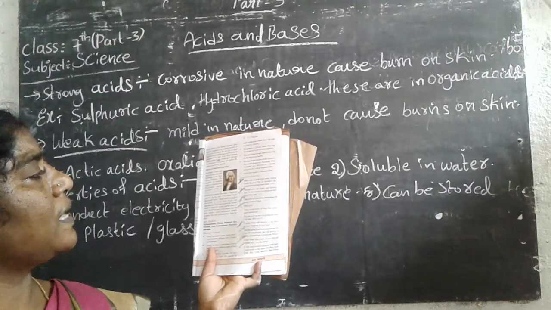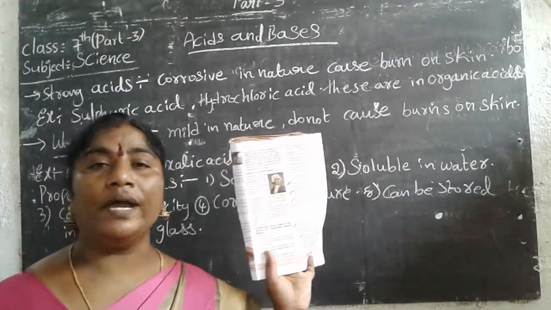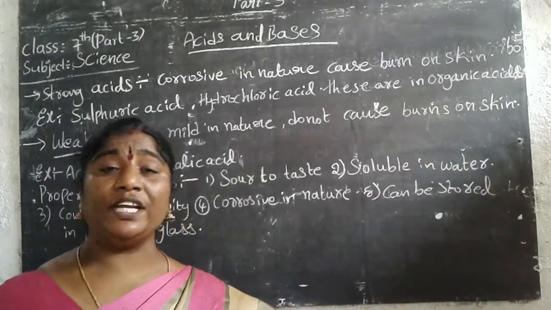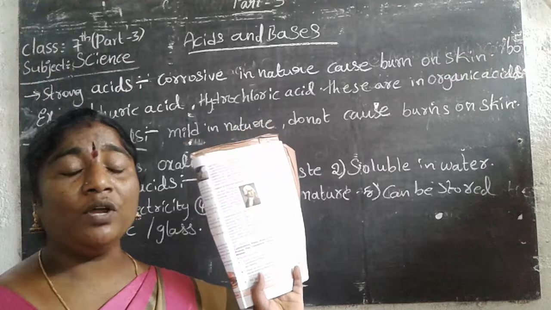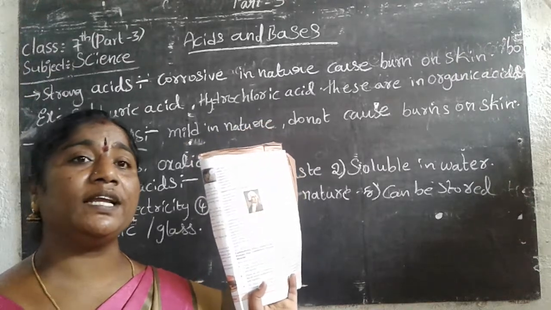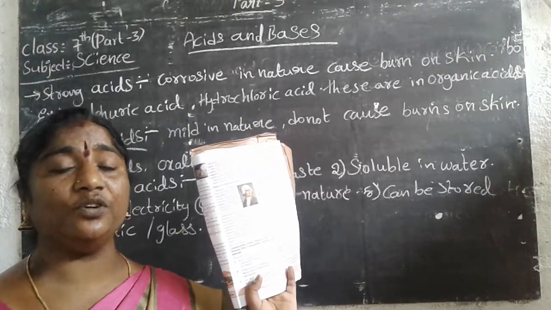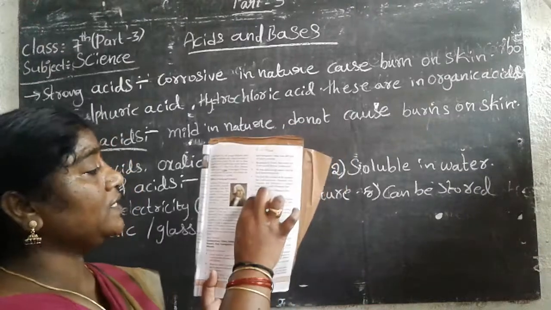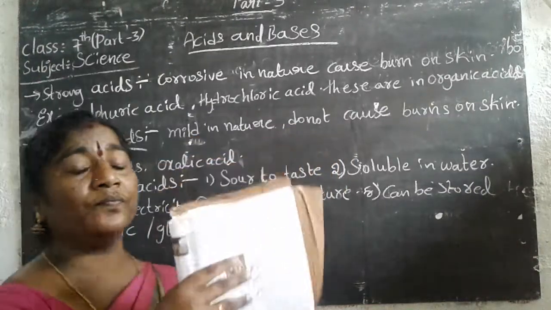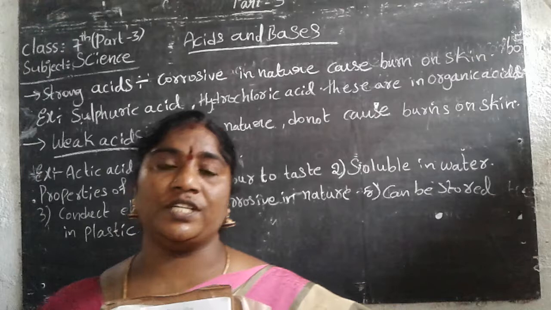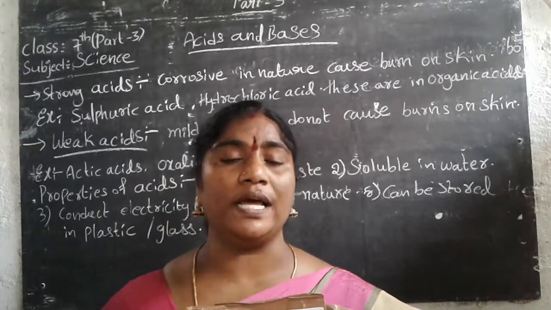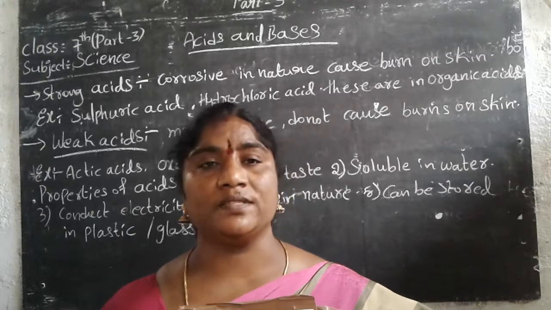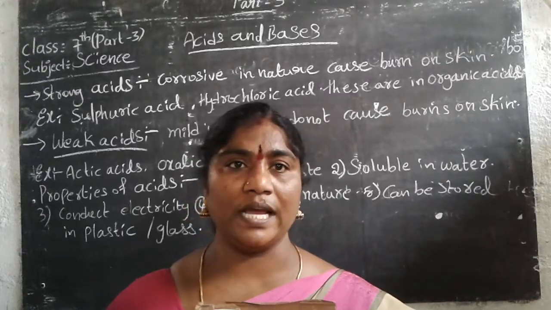Do you think it is a balanced diet? Why, or why not? You should write the answers. Thoroughly read the lesson and you can understand it. I want these two answers in our next worksheet. Practice more, learn the textbook lesson, and you can get the answers. Okay? Thank you.